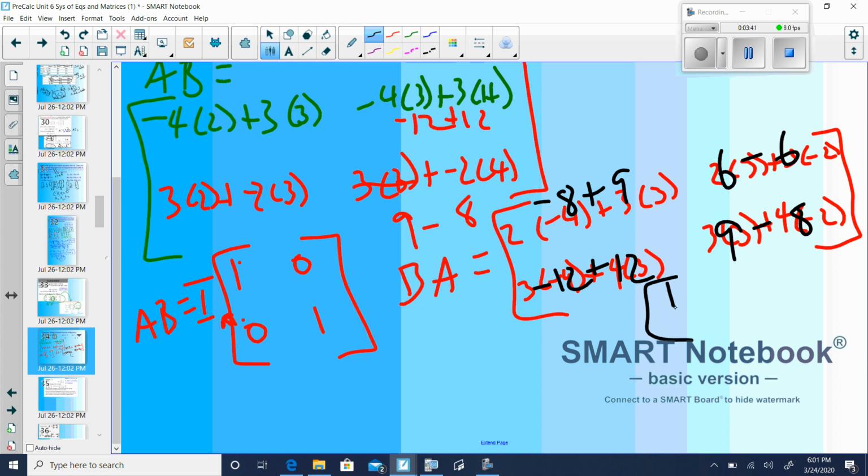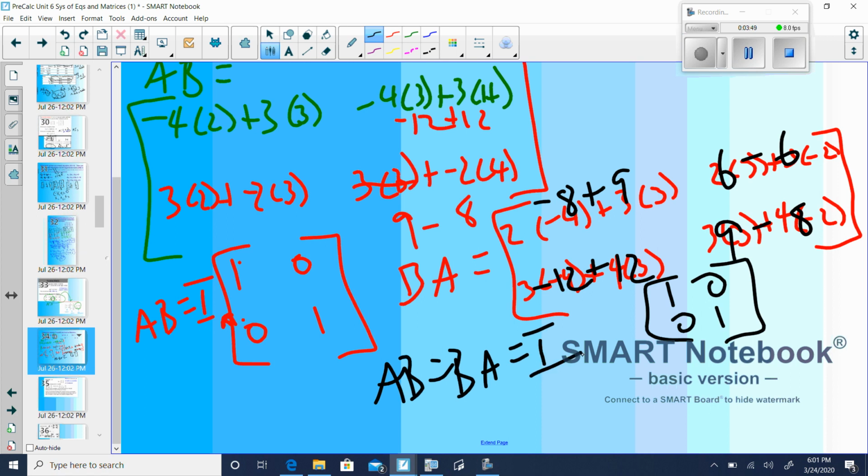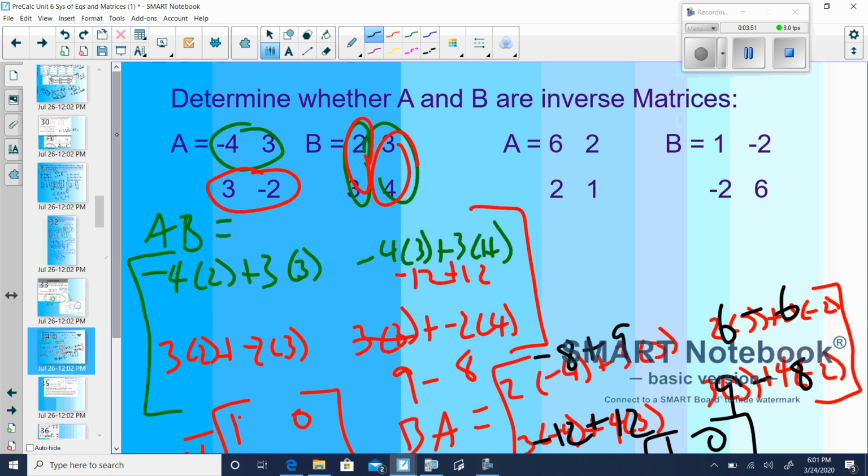So what do we end up with here? We end up with 1, 0, 0, and 1. So A times B is equal to B times A, which is equal to I. Are these inverse matrices? Yes, they are.